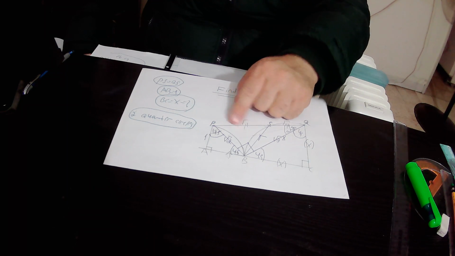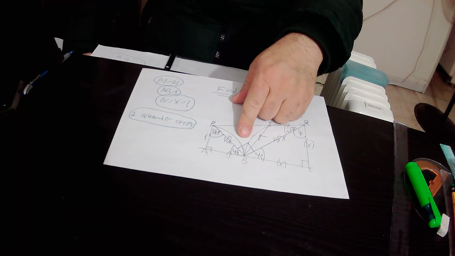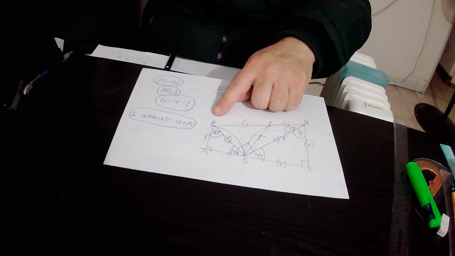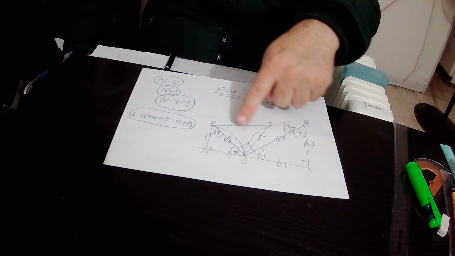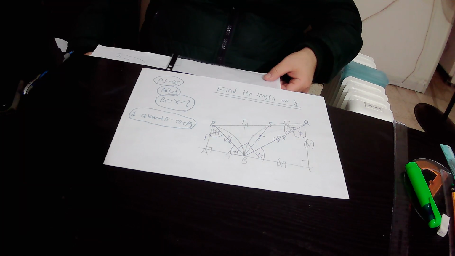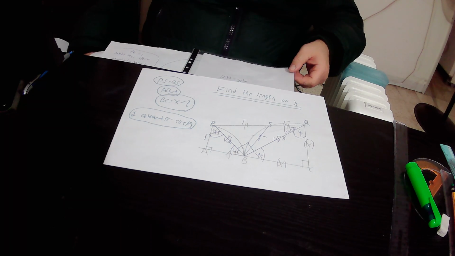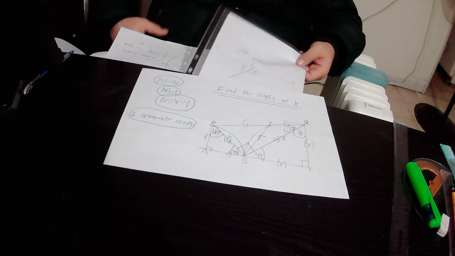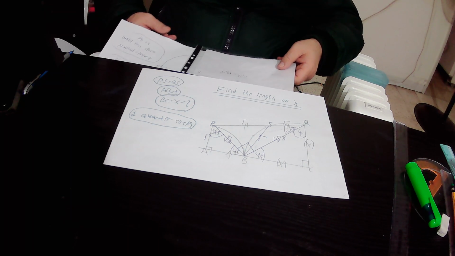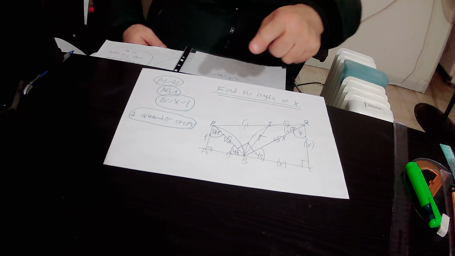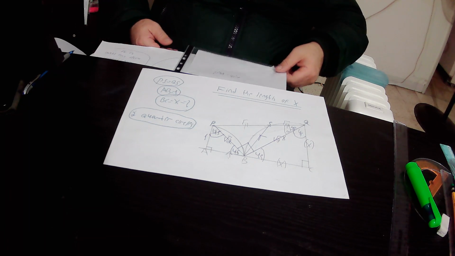Then we join points P and B together by a straight line. In this way, we created the right triangle PAB. So I copied the right triangle PAB in a new page, and we implemented the Pythagoras theorem on this right triangle PAB.